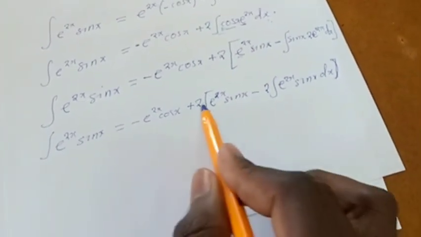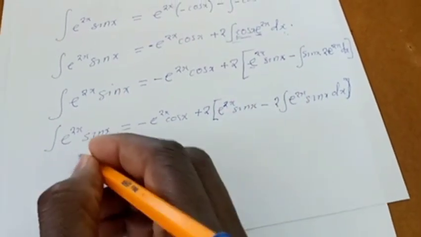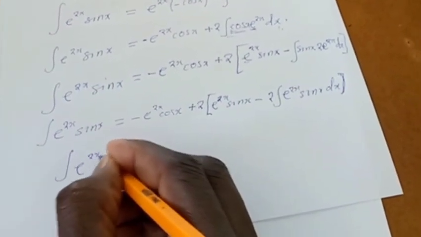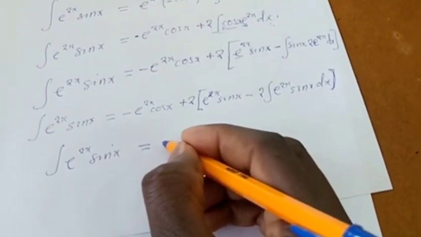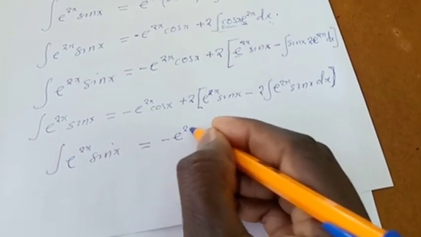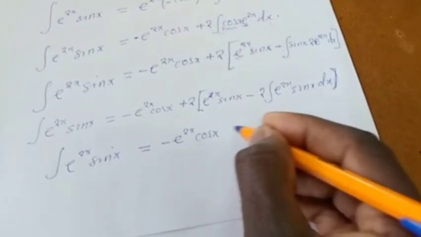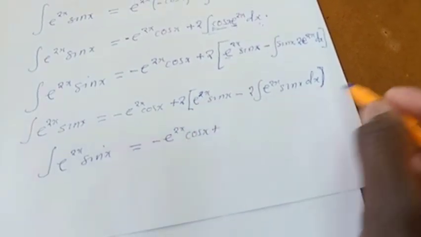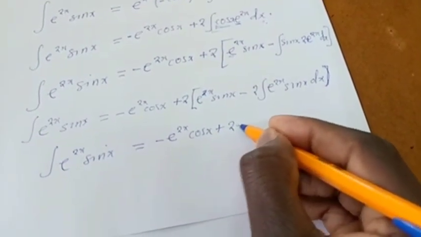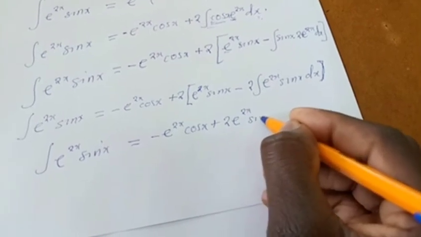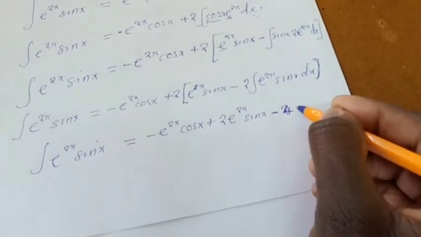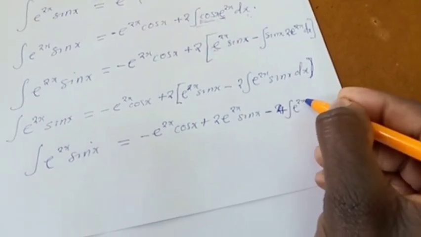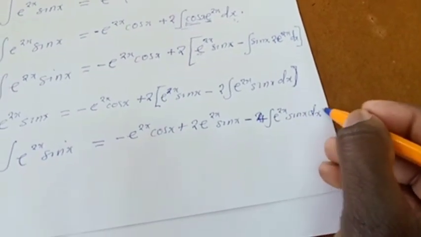So now you can multiply throughout by the 2 which is there. So it will be integral of e to x sin x, giving us negative e to x cos x, plus if you multiply this by what is inside, automatically we're going to get 2e to x sin x minus 4 integral of e to x sin x dx, right?